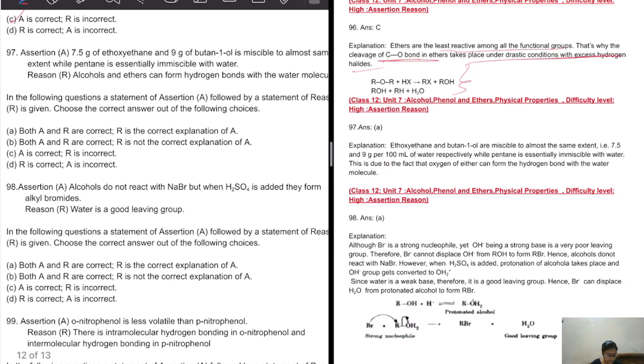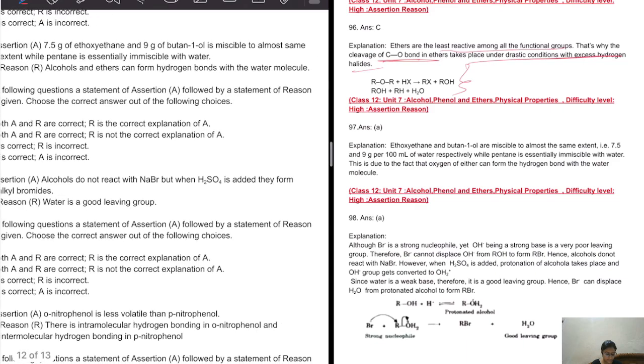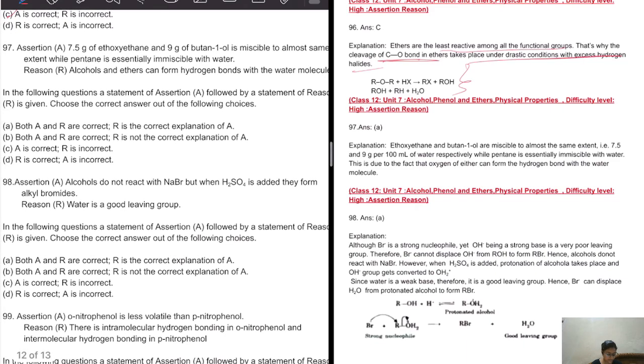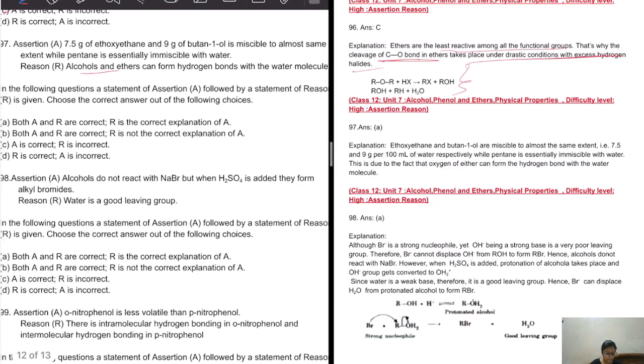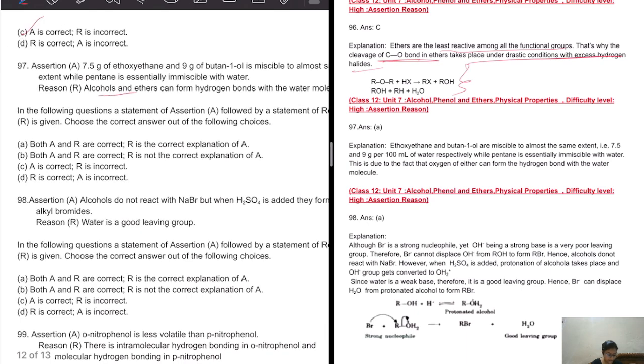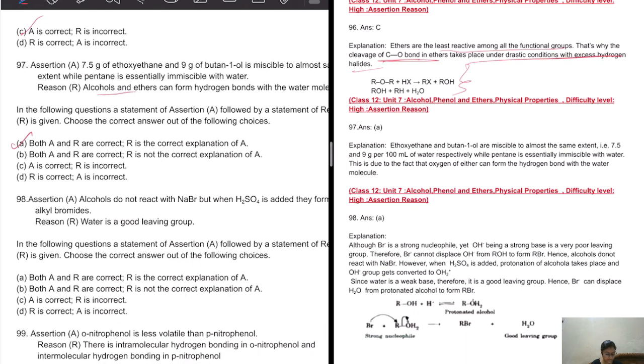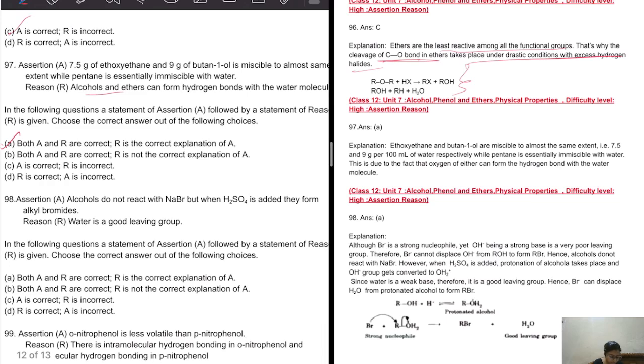It says 7.5 gram of ethoxyethane and 9 gram of butan-1-ol are miscible to almost the same extent, while pentane is essentially immiscible with water. And the reason is that alcohols and ethers can form hydrogen bonds with water molecules. See, the answer would be A. Both are correct, and the reason explains why. Because you see, ethoxyethane and butan-1-ol, it has this group and this is OH.